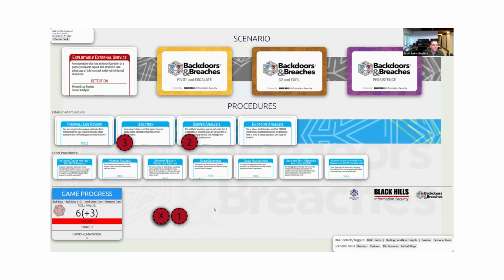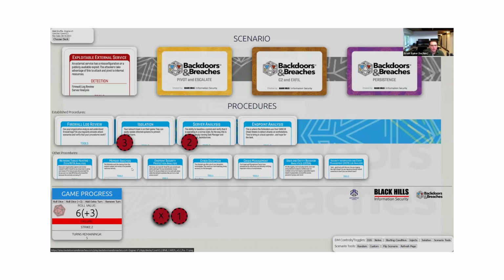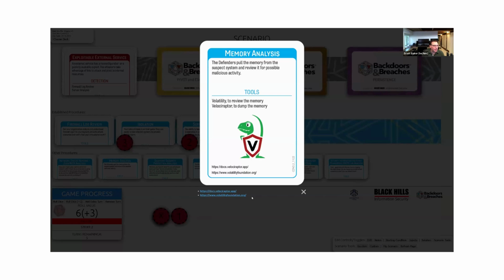What's the difference between the server and the memory analysis? If I pop up the card, this would be specifically an inspection of RAM. So what is currently in RAM? Some malware will execute, sit in RAM and completely delete all evidence of it off disk.